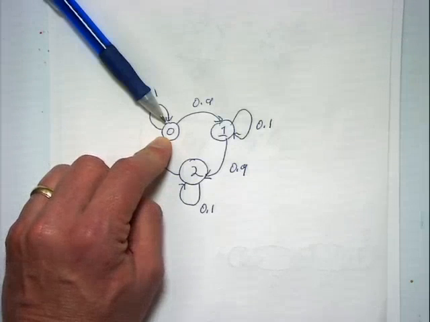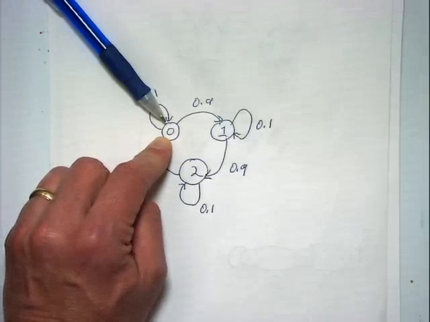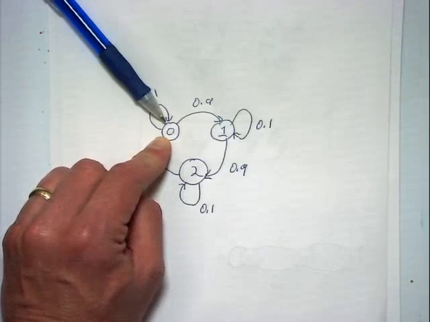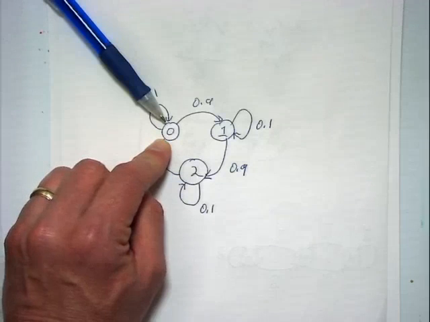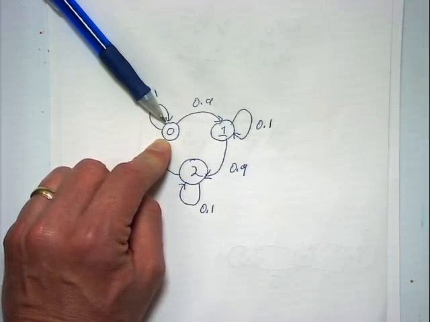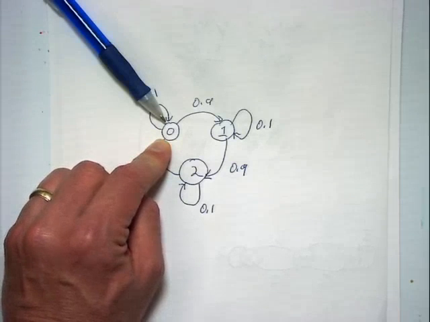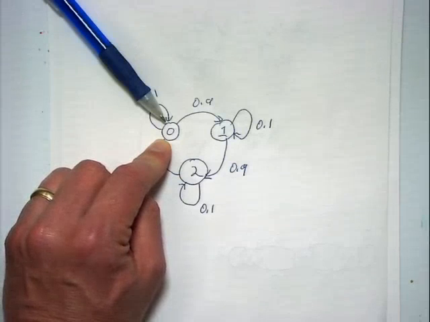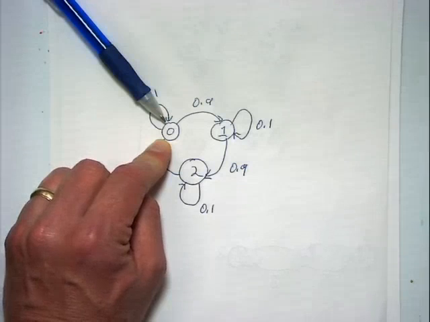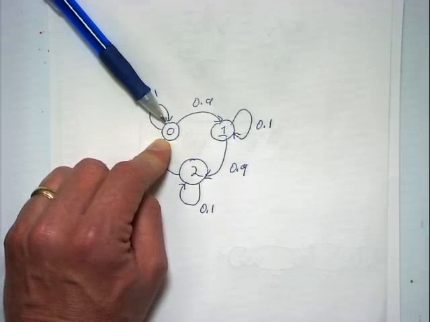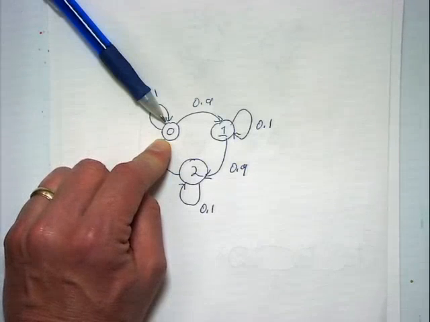In 1 period, 0. In 4 periods, 0. For it to be a period of 3, it has to always be probability 0 of being in state 0 at any time other than a multiple of 3. Is that clear? I know it's a confusing definition.